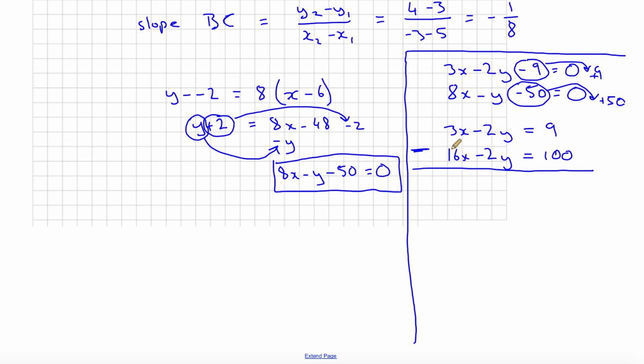So I've got 16x minus 3x is 13x. Minus 2y minus 2y is 0. And I have 100 minus 9 gives me 91.